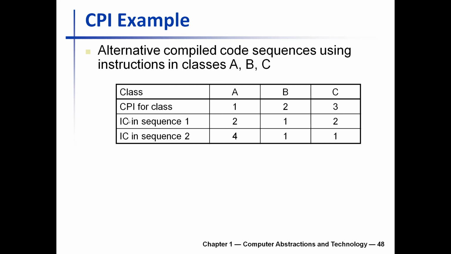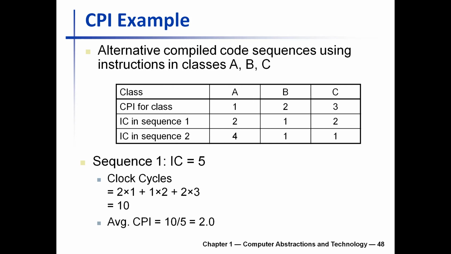In assembly sequence 1, we have 2 instructions from class A, 1 instruction from class B, and 2 instructions from class C. In the second assembly program, we have 4 instructions from class A and 1 each from classes B and C. This is the same high-level program compiled into 2 different assembly sequences.